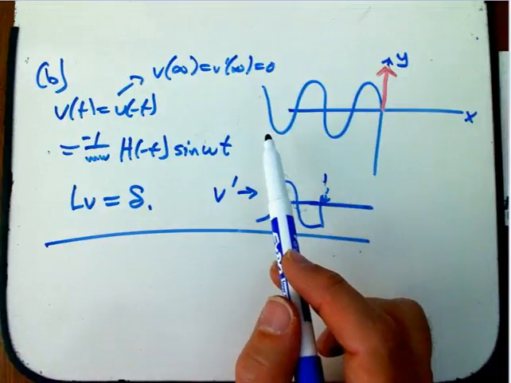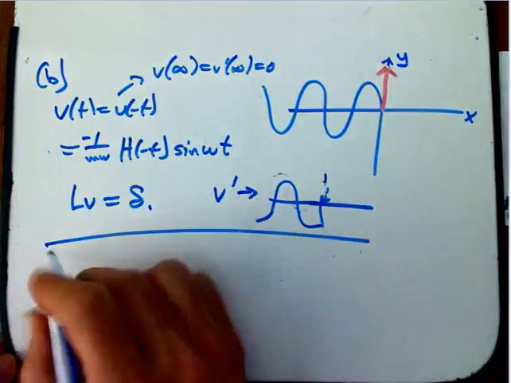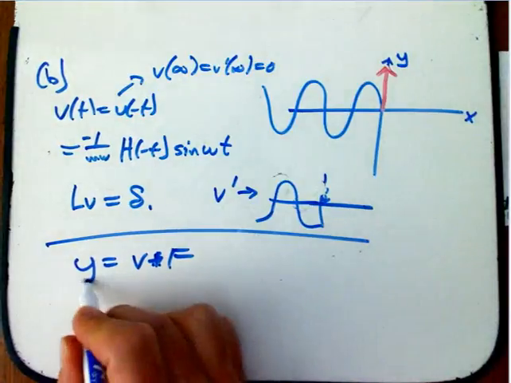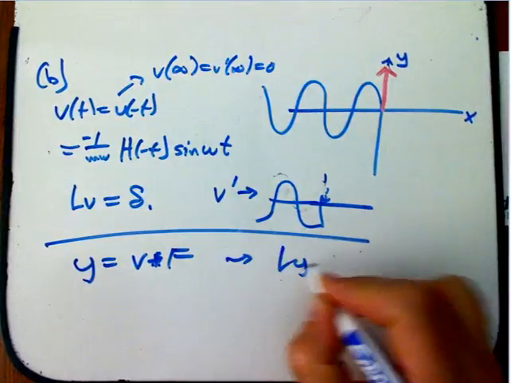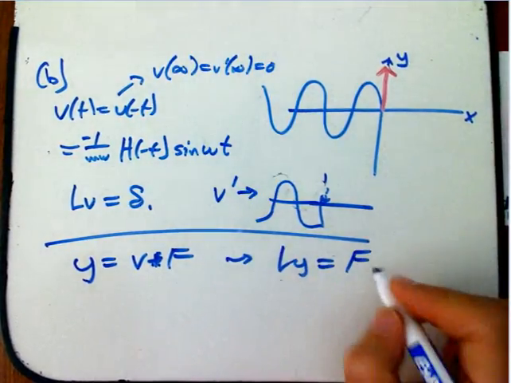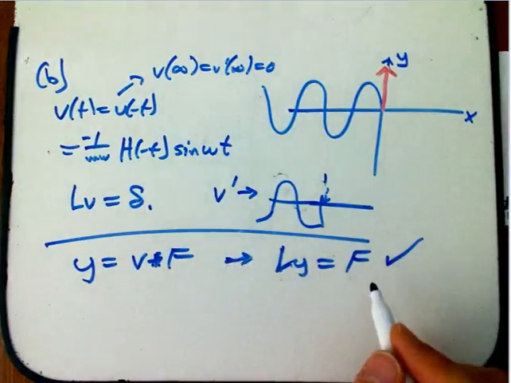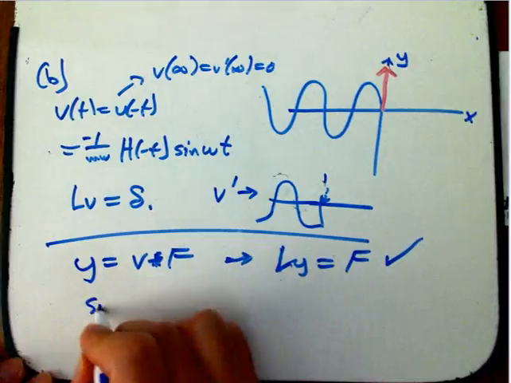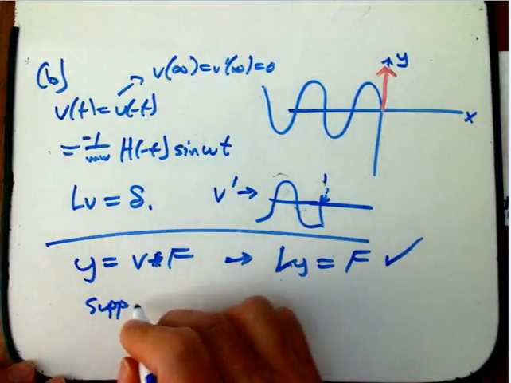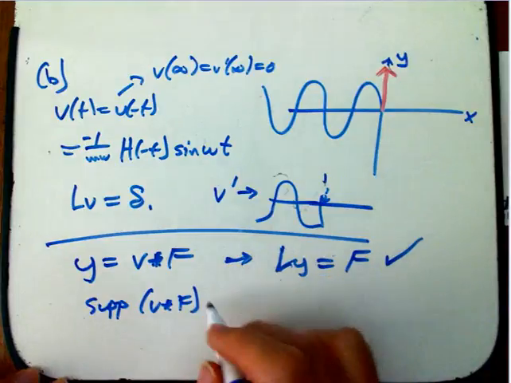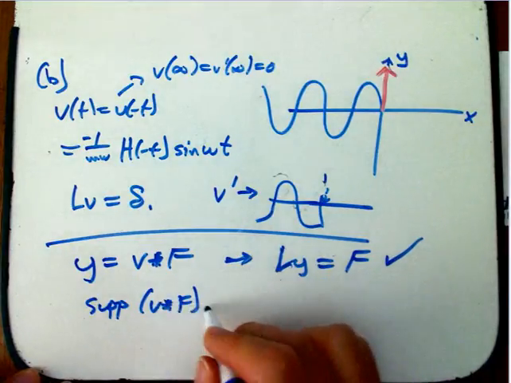And so what would happen if we use this to convolve with f, if I look at y equals v star f? What we proved last time is that it's still going to have Ly equals f. That's fine, but it's not going to be the solution we really want in most cases, because the support of that guy, it's not hard to see that the story gets reversed, and you can look in the PDF for the details.